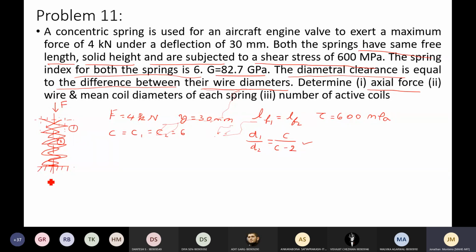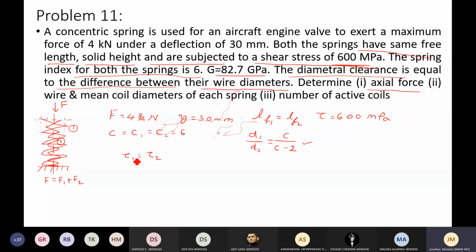Since it's a parallel combination, you can write F is equal to F1 plus F2. And Y is 30, so Y1 and Y2 are both the same, 30. Whatever one spring is deflecting, the other will also deflect by the same amount. Also tau1 is equal to tau2, so the shear stresses in both the springs are the same, 600 megapascals.